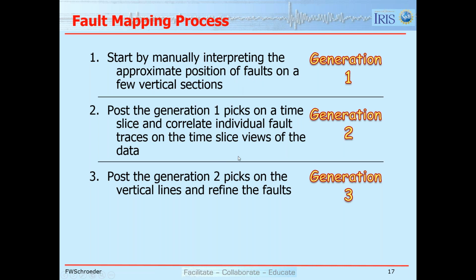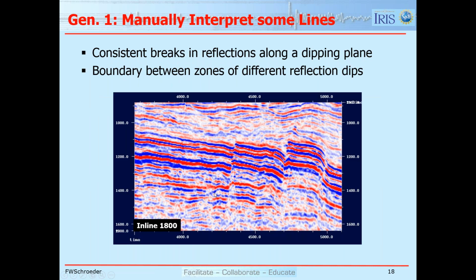Then those first generation faults I'll post on a time slice, and I can use coherency as an aid, and then I'll start to correlate a second generation of faults and starting to keep track of which faults are the same fault and which ones are different faults. So I'll use different names and different colors, and I'll illustrate this in a moment. And then generation 3, I'll use the generation 2 faults that I picked on time slices, redisplay them on vertical lines, and fine tune or refine my fault picks.